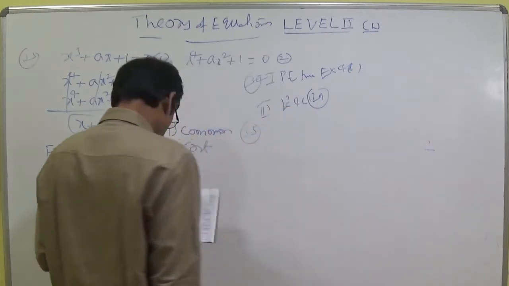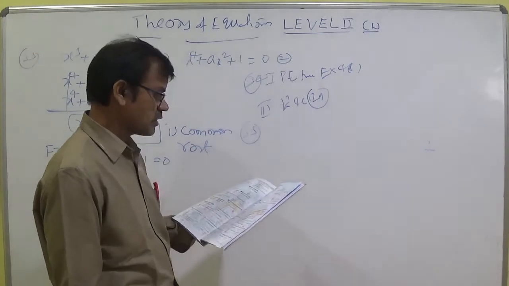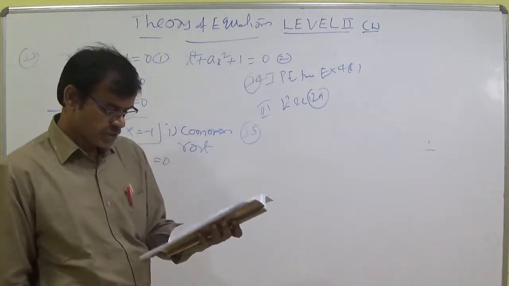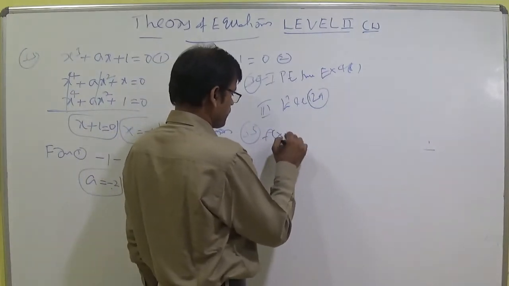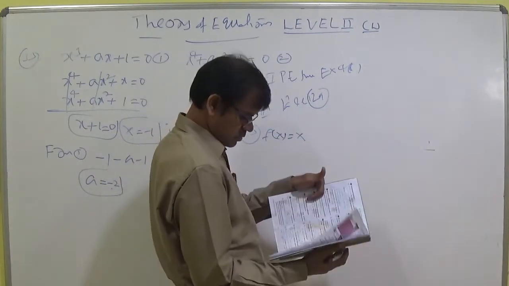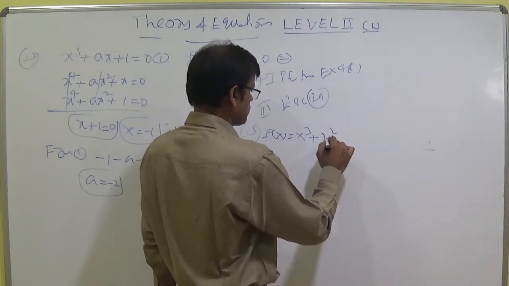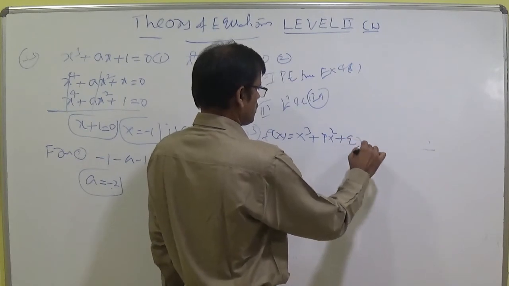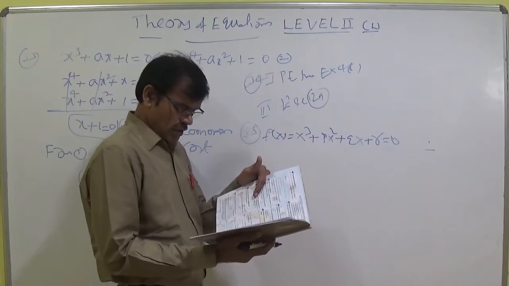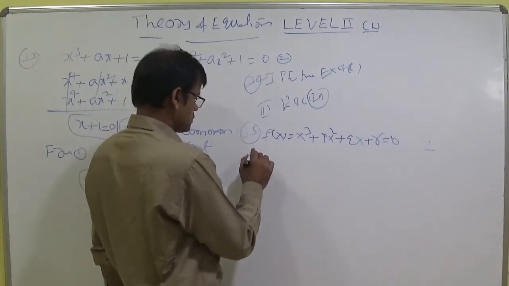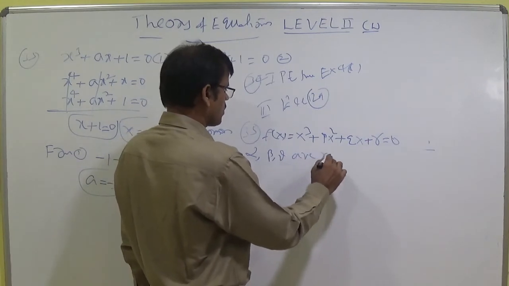35th question. Alpha, beta, gamma are the roots of x cube plus px square plus qx plus r equal to 0. Then find the value of 1 plus alpha square into 1 plus beta square into 1 plus gamma square. f of x is equal to x cube plus px square plus qx plus r equal to 0, with alpha, beta, gamma as the roots.